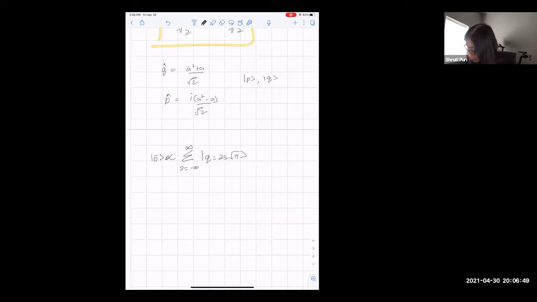Another way to write this is, sometimes, as a displaced vacuum squeezed state. The eigenstates of Q and P are called squeezed states. So this is actually an infinitely squeezed state centered around 0.